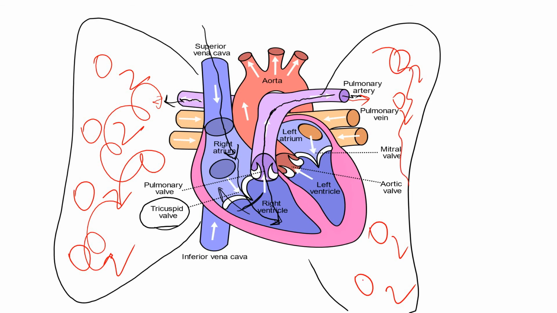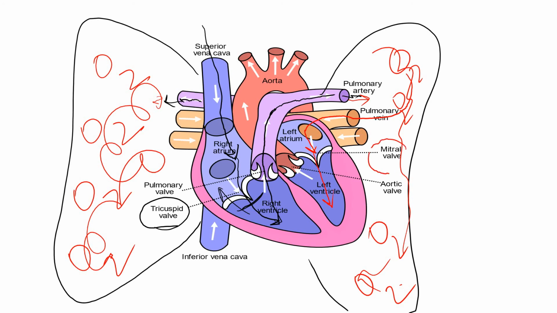After mixing with the oxygen in the lungs, this pure blood enters the left atrium by the pulmonary vein. Then from the left atrium, it travels to the left ventricle via which valve?